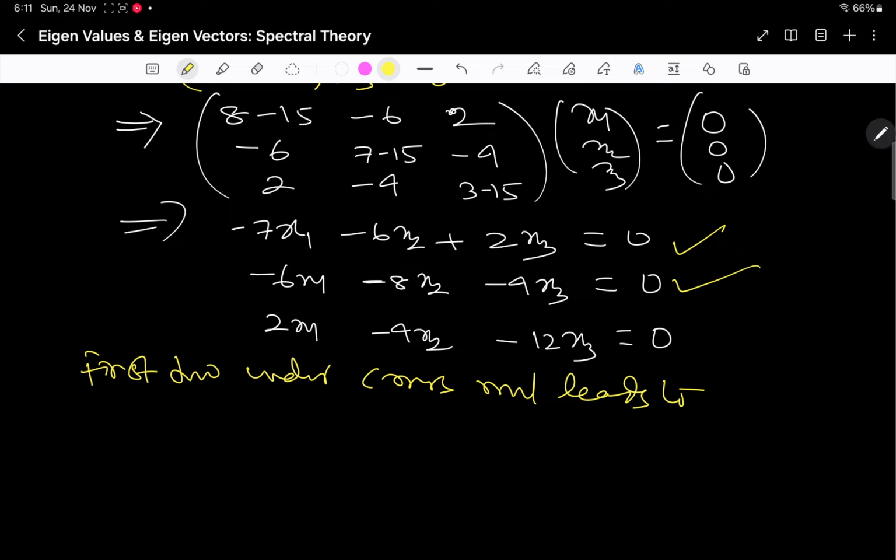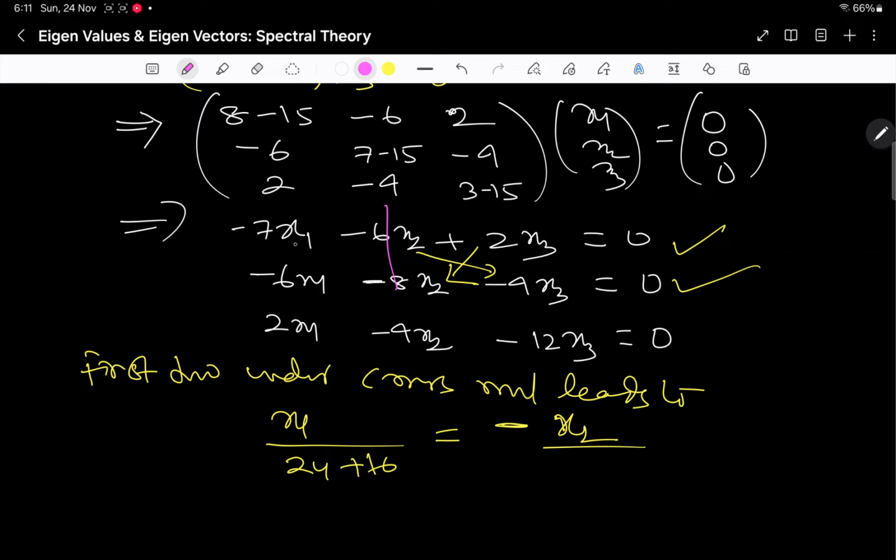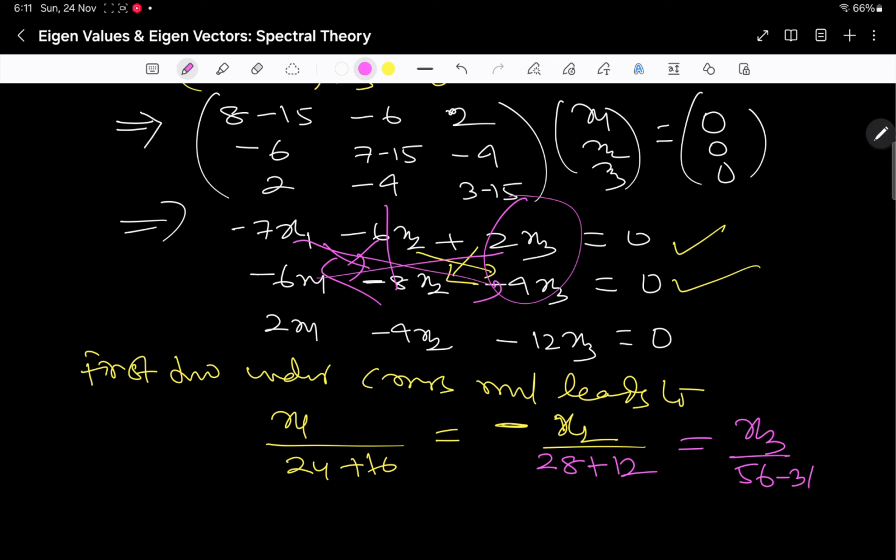leads to x1 divided by this into this minus this into this. So it is 24 plus 16, and the middle one is negative, minus x2 divided by: this is omitted, this into this minus this into this, it will be 28 plus 12. For the third one, x3, this is omitted, it will be 56 minus 36.